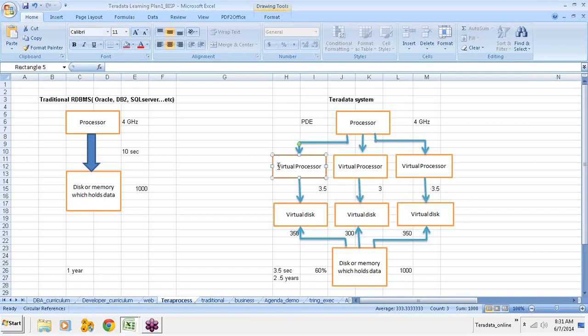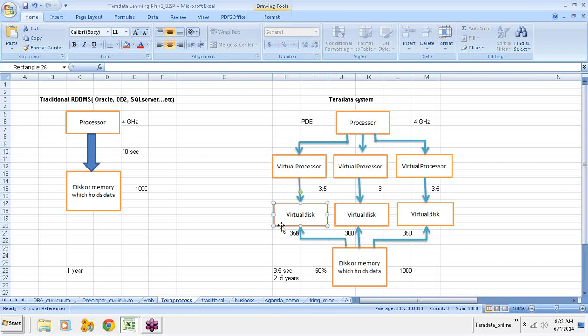Virtual processor 1 can access data in the first virtual disk only, not in any of the other virtual disks. And it can process data in its own associated virtual disk without depending on any of the other virtual processors.